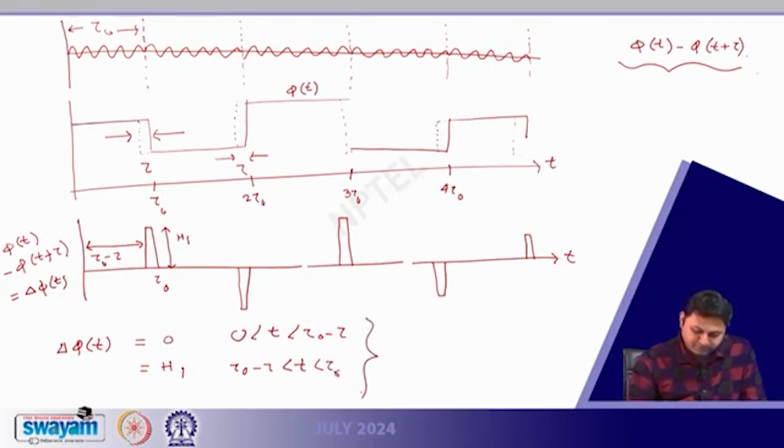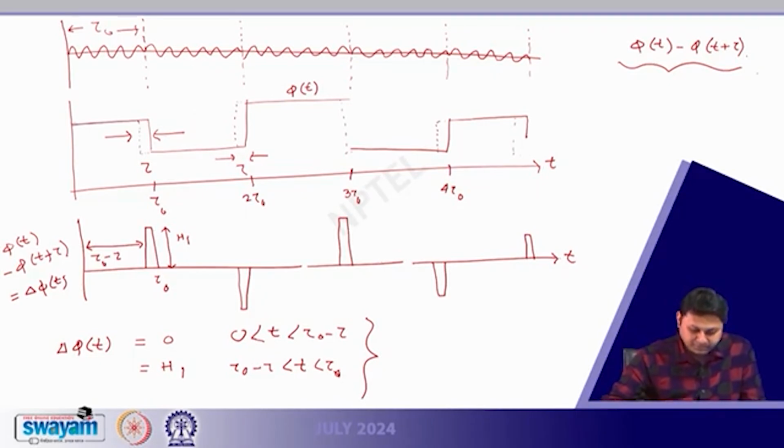So this is the way the function delta phi is changing. It takes some value when t is in the interval of tau naught minus tau to tau naught.